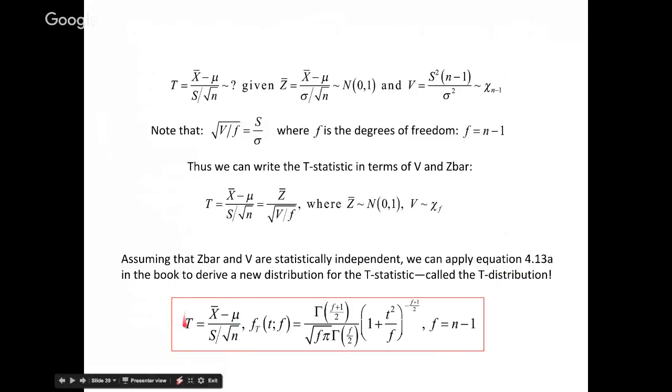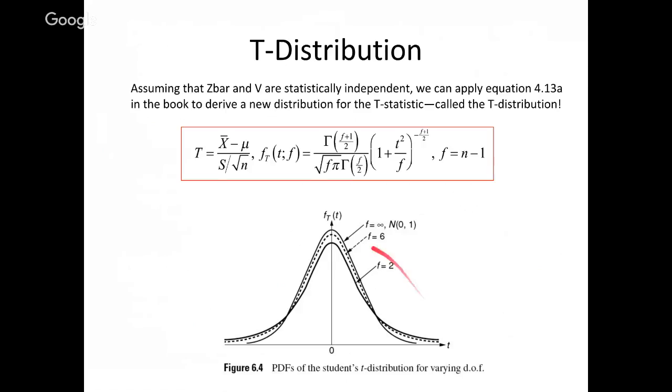The net result is that in the case where we don't know the population variance, so we use the sample variance as an estimate, the sample mean is distributed around the true population mean according to the student t distribution, for which the PDF is shown here. f is the degrees of freedom, the number of samples minus 1. This probability density function has a single parameter, the degrees of freedom. I just reproduced what we saw at the bottom of the last page.